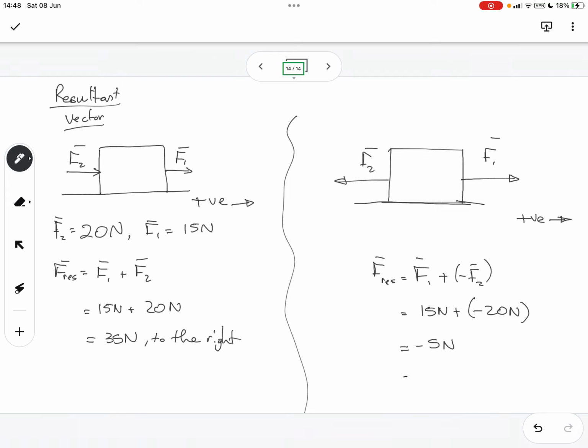But in this case, we will have 15 Newton plus negative 20 Newton, which is negative 20 plus 15, and that gives us negative 5 Newton, which is 5 Newton to the left. That simply means that this block is effectively moving towards the left.